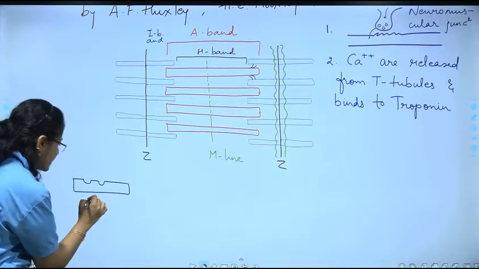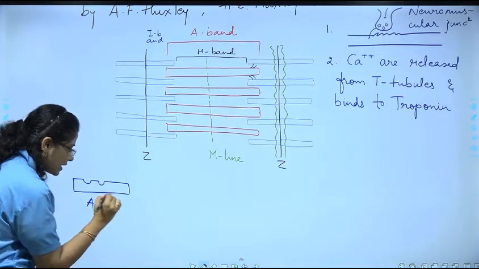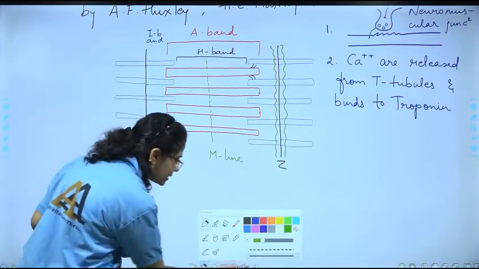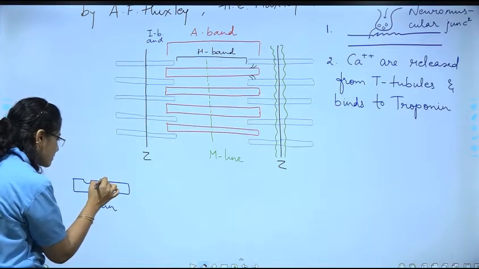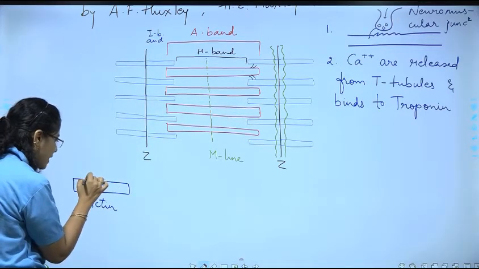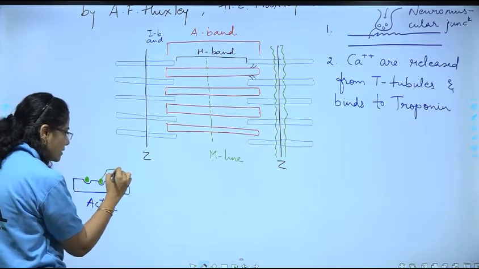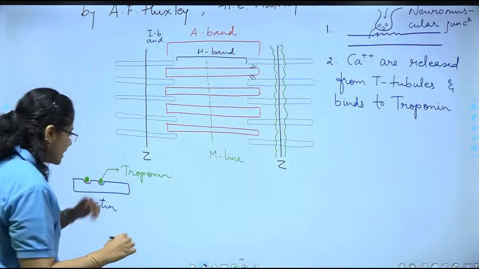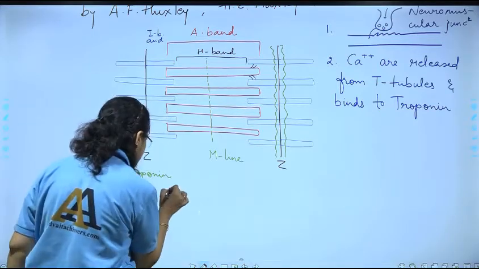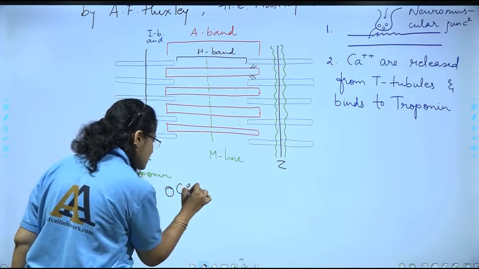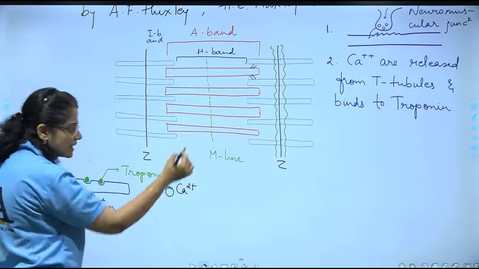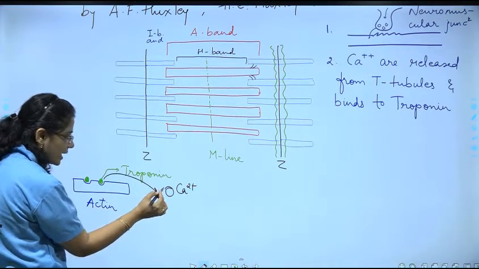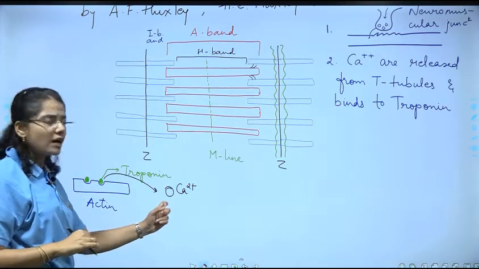If this is our actin, then these are its active sites, correct? These active sites are masked by troponin, understood? And suppose this is the calcium ion. As soon as the calcium ion is released, this troponin leaves from here and goes and binds with the calcium ion.